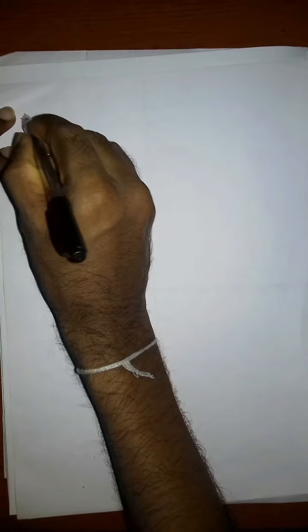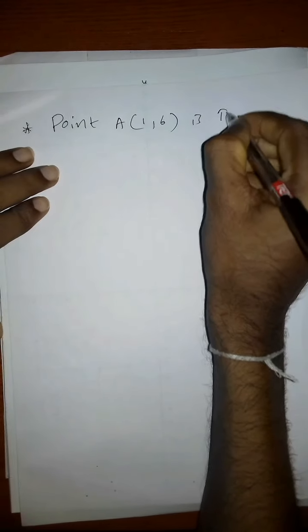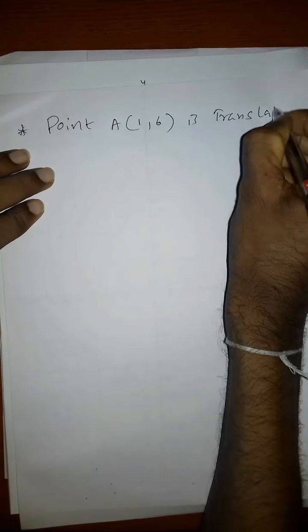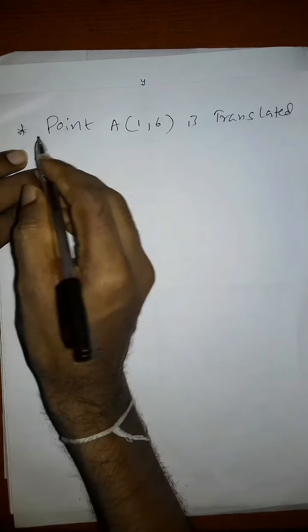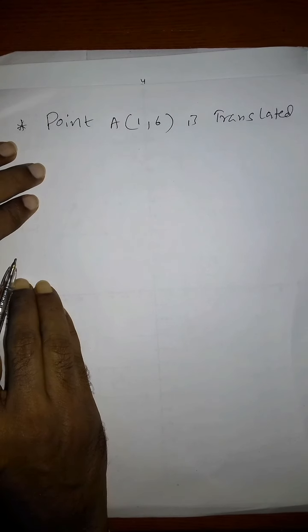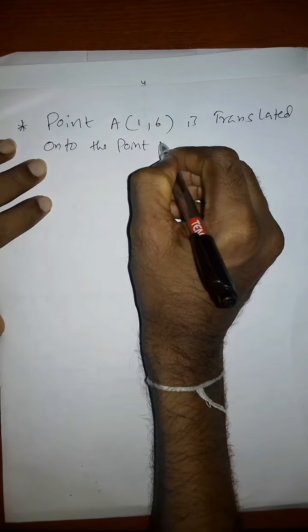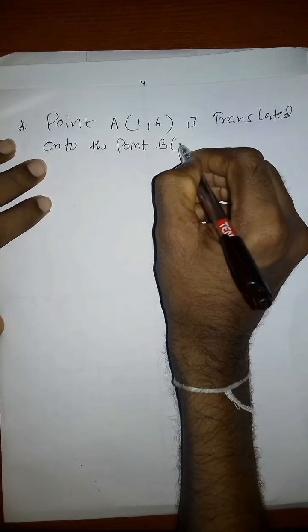Let's say they say, this is how the question can possibly be worded: Point A, coordinates (1, 6), is translated onto the point B (7, 8).